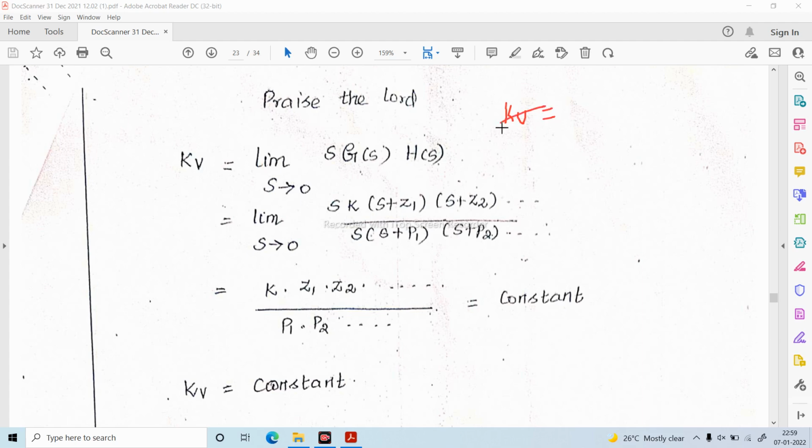First write Ess equal to what? Ess equal to limit S tends to 0.